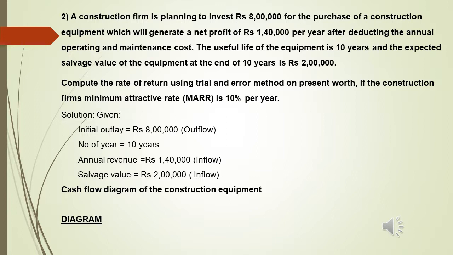The number of years is 10. Annual revenue will be 1,40,000. Since it's the inflow, the arrow will be up, and the salvage value will be 2 lakh. Mark the arrow upwards. So there are two methods, right? Present worth method and annual worth method. For this problem, we will do both methods.